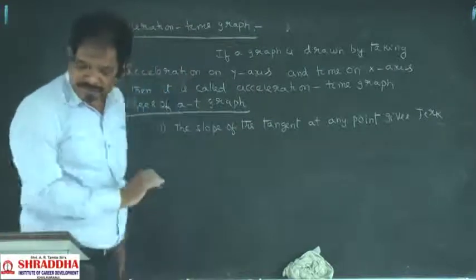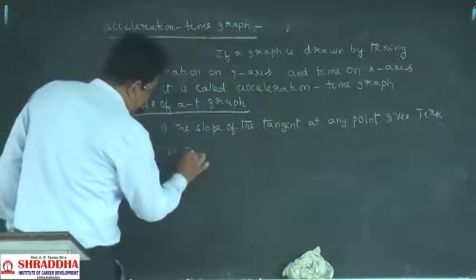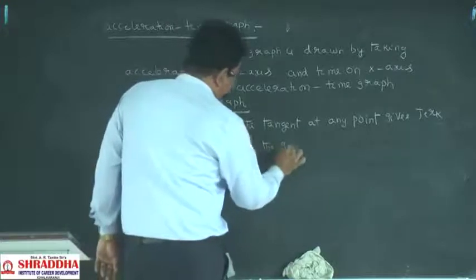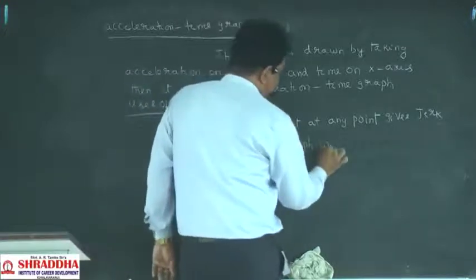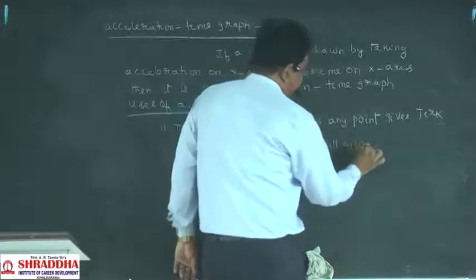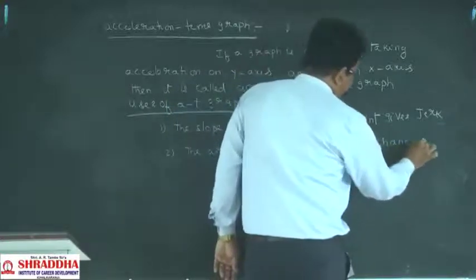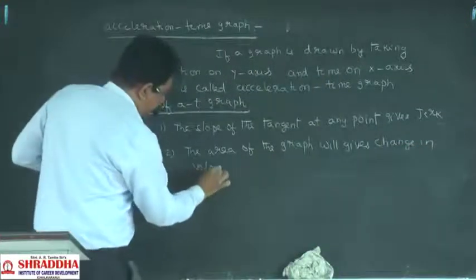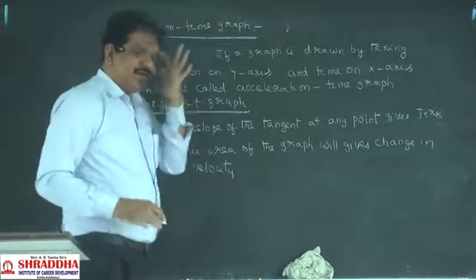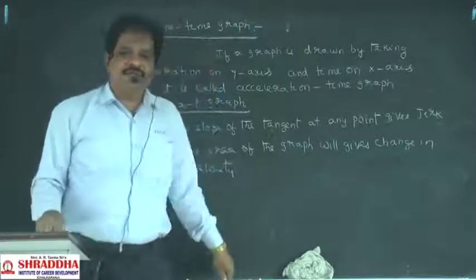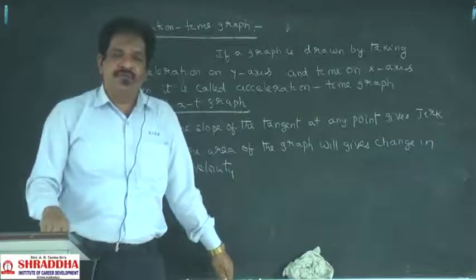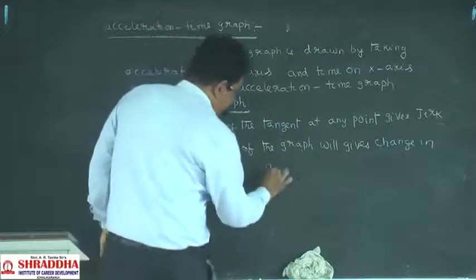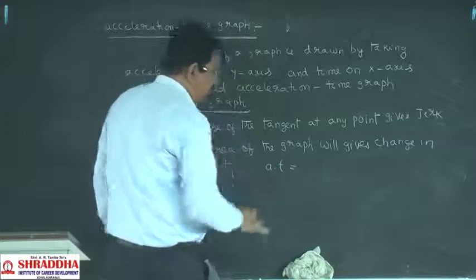Okay. Next, the area of the graph will give change in velocity. Area means, you have to multiply the two quantities taken on the y-axis and x-axis. So acceleration into time. We have to multiply two quantities.